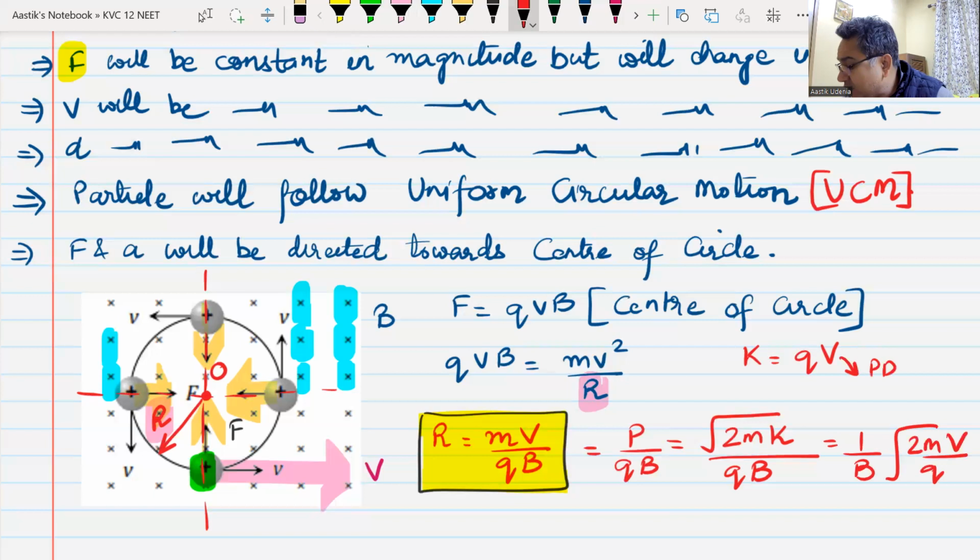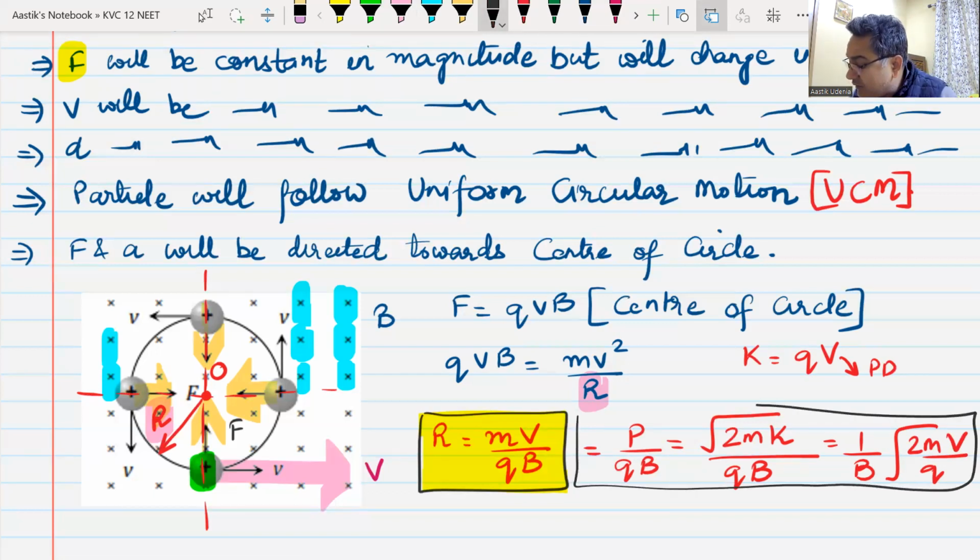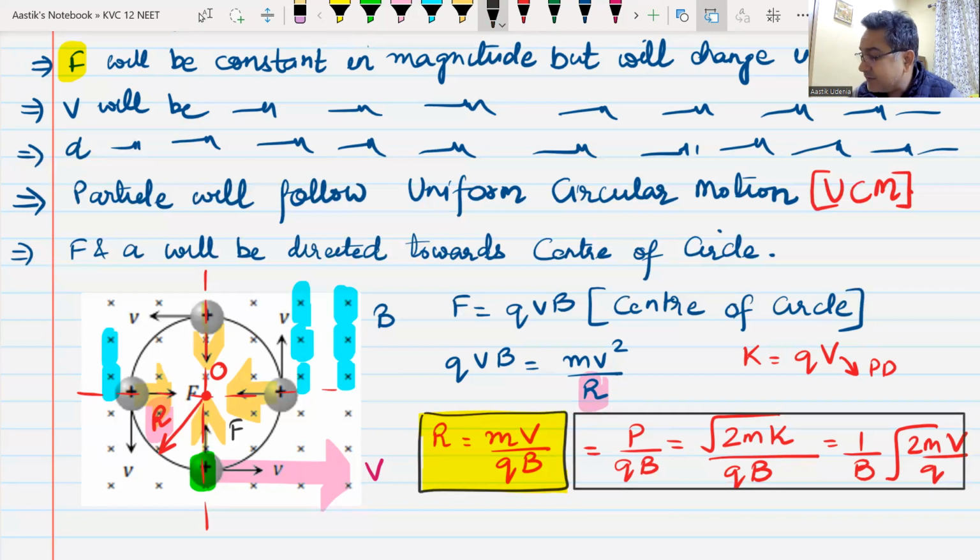So these are the various ways in which you can write the formula for the radius of this circular path, and all these are the same. They are not different. Do we understand this? Yes or no? I'll give you 2 minutes to note this down. Let me know once you are done.